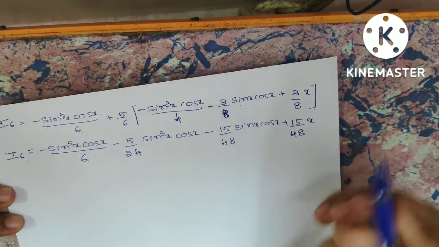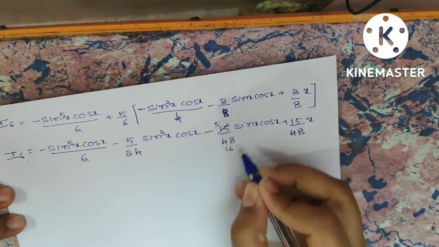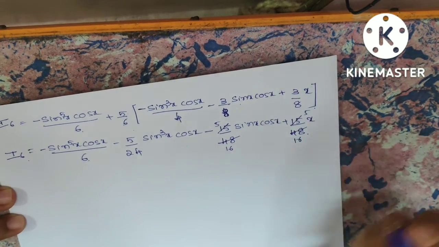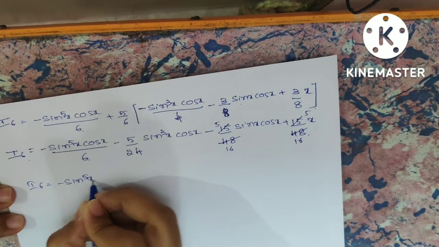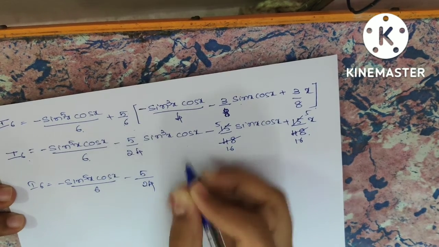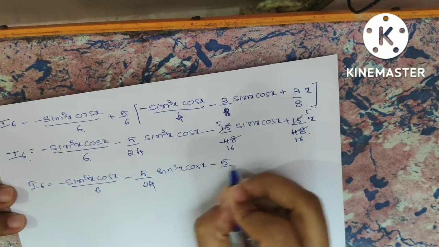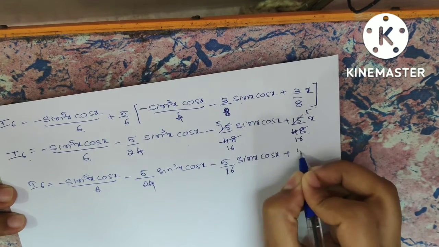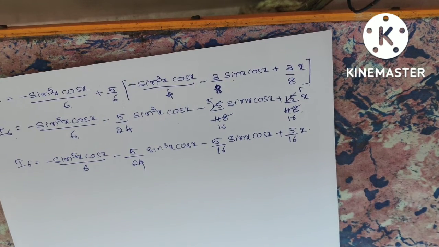So here I can cancel: 3 5s are 15, 3 16s are 48, so 5 by 16. So I6 equals minus sin power 5x cos x by 6 minus 5 by 24 sin cube x cos x minus 5 by 16 sin x cos x plus 5 by 16 x. So this is our I6.